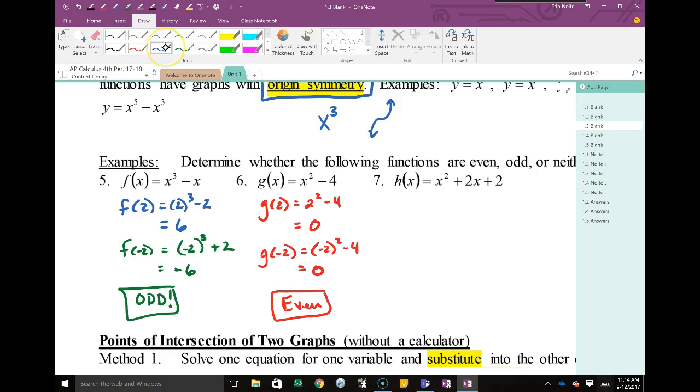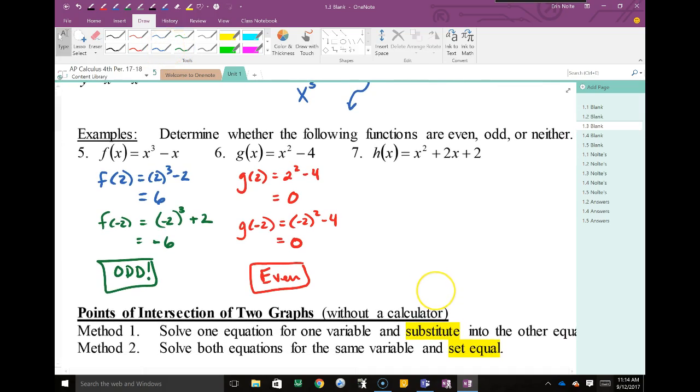Okay, what do you think about H? Which one would that be potentially? You're thinking neither, because we had an odd, an even, and now we're at the neither? Okay, so potentially over the y, right, because it's a parabola. So let's throw in a 2 and prove that, in fact, Connor is right. 2 times 2, that is a lot of 2s.